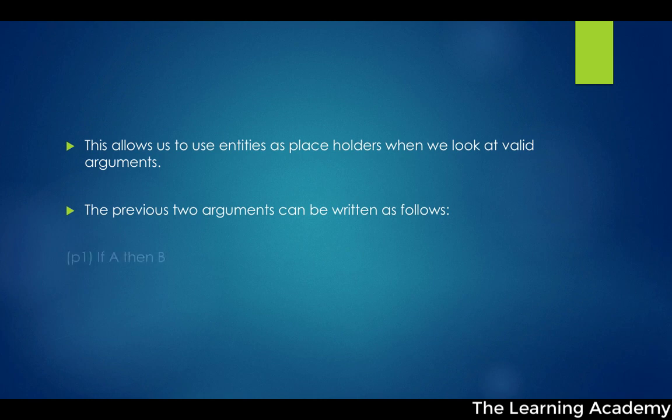It can be written as: if A then B, A, therefore B. This is the exact same structure as the previous arguments, because we have just substituted things like raining and taking an umbrella for A and B. If we were to put the original premises back in, A would be it is raining, B would be I should take an umbrella. So the original argument was if it is raining, then I should take an umbrella. It is raining, therefore I should take an umbrella.